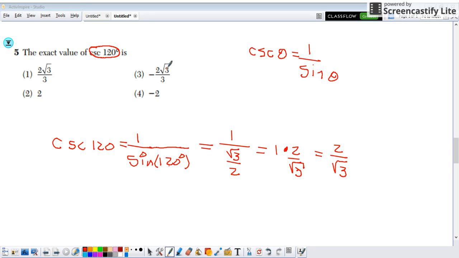Now, none of the multiple choice options is what we have. So what we got to do is we got to rationalize the denominator. And to rationalize the denominator, we're going to multiply by the square root of 3 top and bottom. So now we're going to have 2 square root of 3 over square root of 3 times square root of 3, which is 3. So now we see that our correct option is number 1.